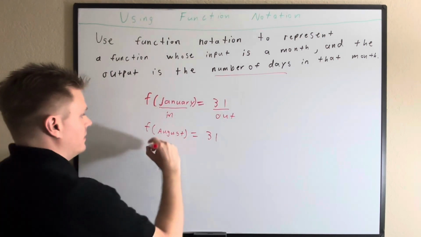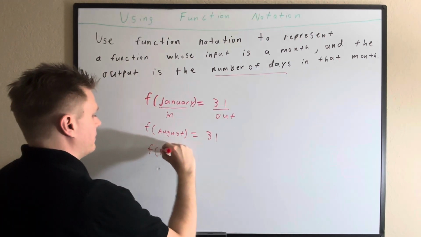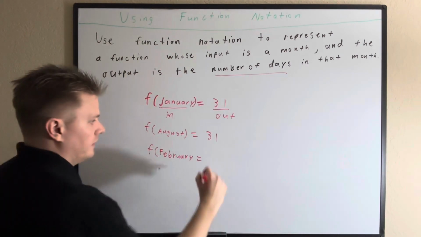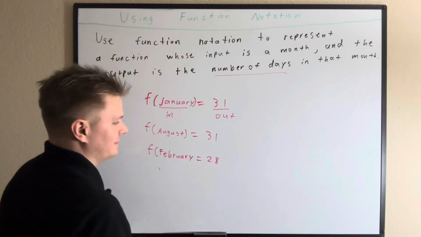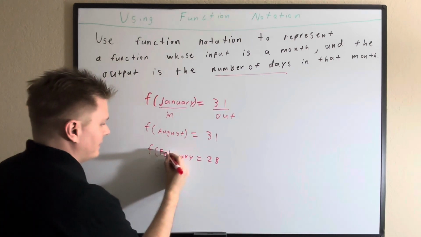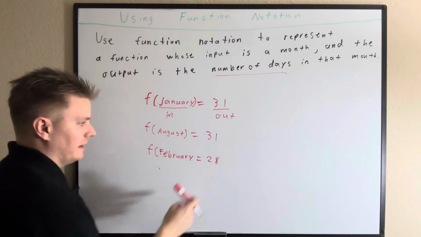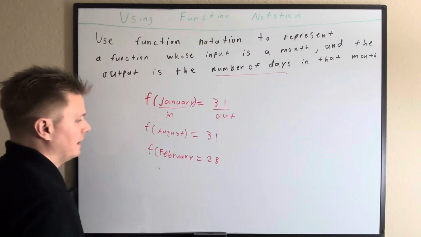Makes sense? F of February. That would give us what? 28? Usually it's 28 days. Let's assume it's not a leap year. There's a 1 in 4 chance that I'm incorrect when you're watching this.